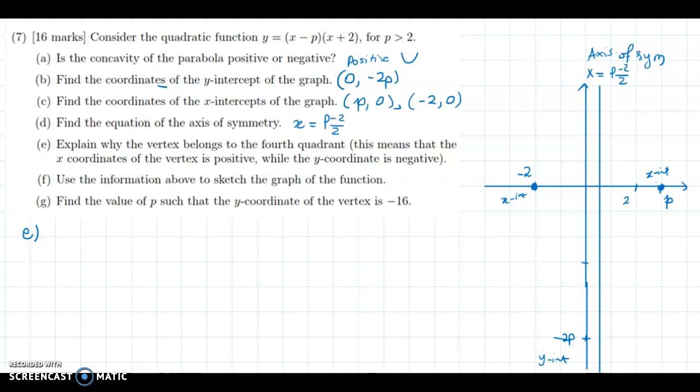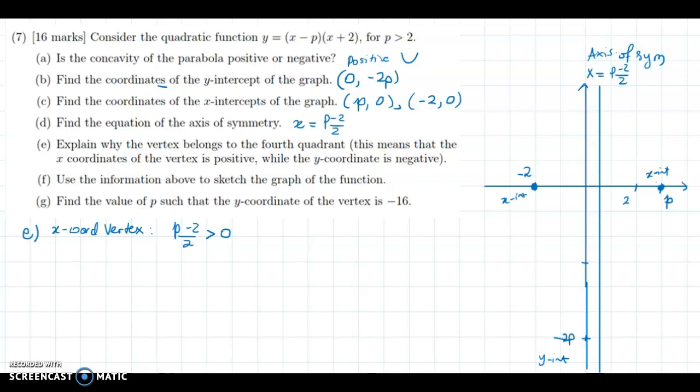That's going to be enough. So first of all, for the x-coordinate of the vertex, we already found that because we already found the equation of the axis of symmetry. So this is p minus 2 over 2, which is greater than 0. So that means that the vertex is going to be either in the first or the fourth quadrant.